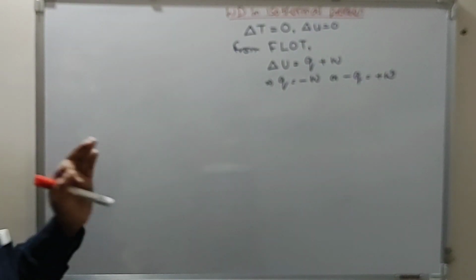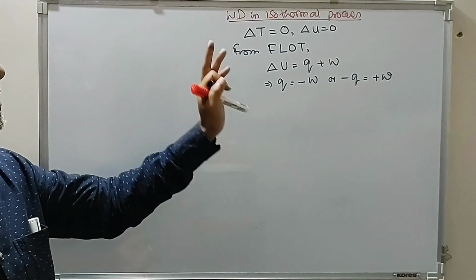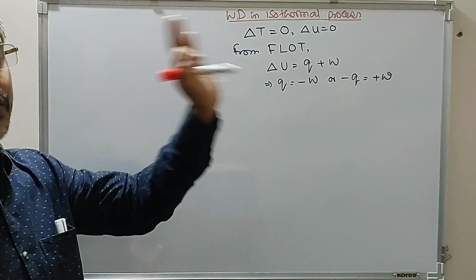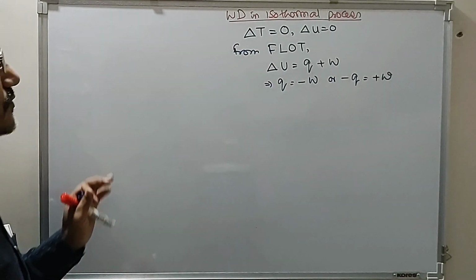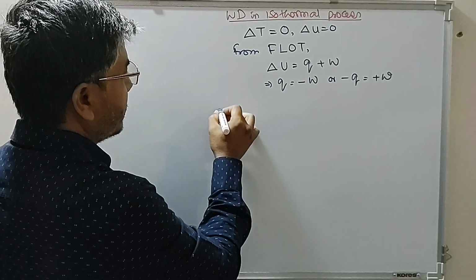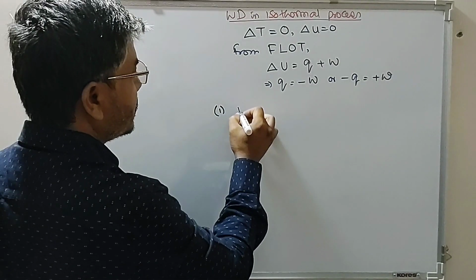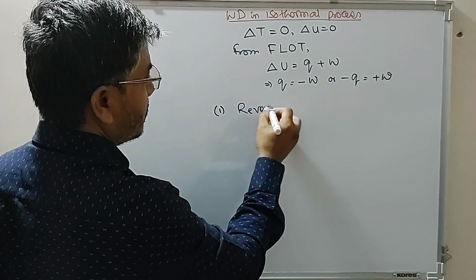So now we have to define the expression of this work done for an ideal gas in an isothermal process. Let's define isothermal reversible process.